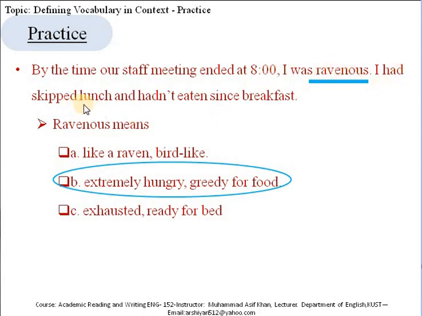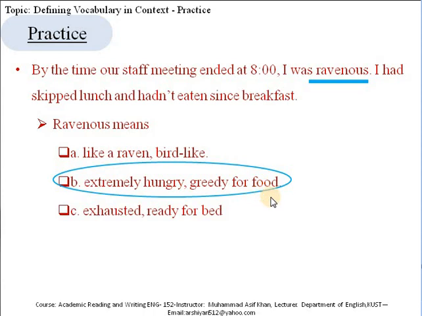I had skipped lunch and hadn't eaten since breakfast. So it means that it is having no concern with the rest, and actually she hasn't eaten since breakfast, so she is extremely hungry, or she is greedy for food. So these are the answers of 3 practices.